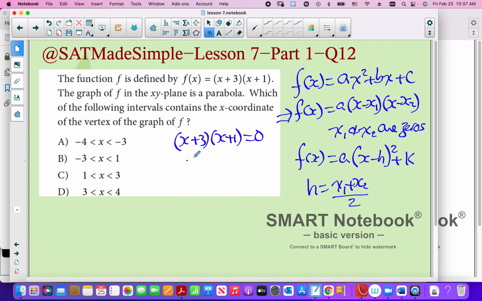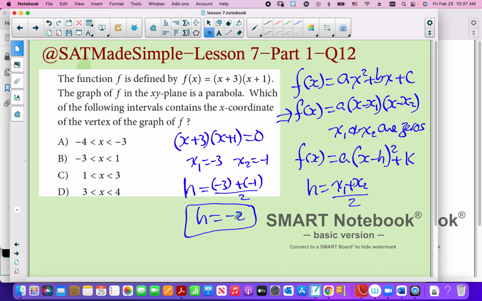So x1 is equal to minus 3 and x2 is equal to minus 1. Therefore the x coordinate of the vertex, which is h, is equal to minus 3 plus minus 1 over 2, and that renders it equal to minus 2.